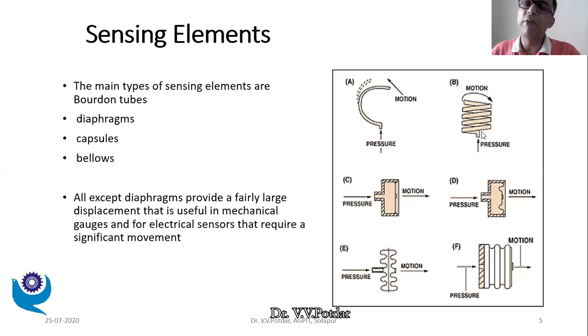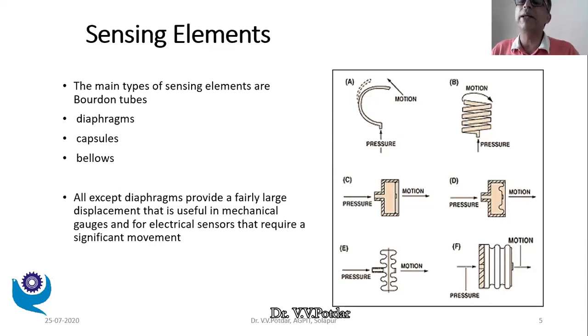Once we apply pressure from here, what was happening? It was straightening. This semicircular type Bourdon tube was straightening. Here, what is happening? Because of pressure, this helical Bourdon tube is expanding, and when it is trying to expand, the coils tend to open up.